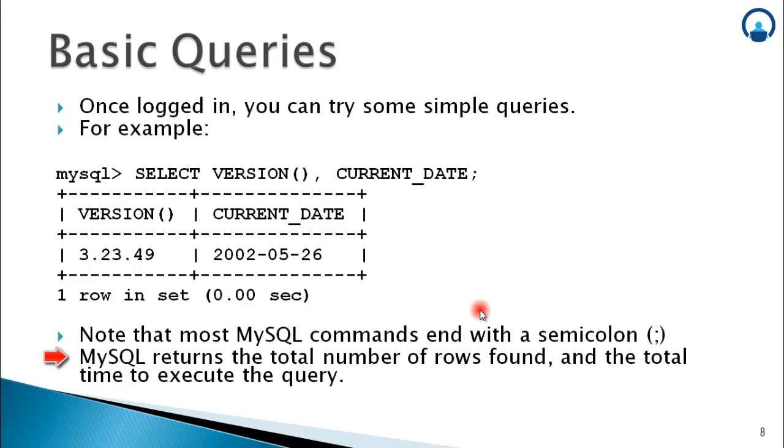MySQL returns the total number of rows found and the total time to execute the query. So after every query, you would get how many rows have been returned by MySQL and how much time the query has taken to execute.